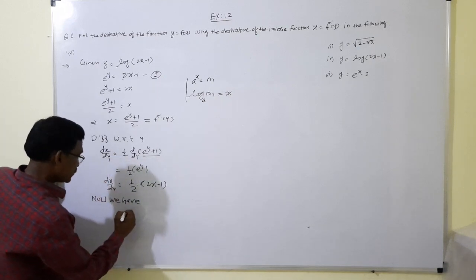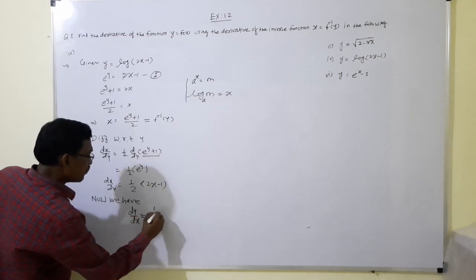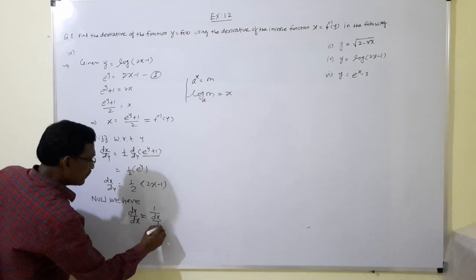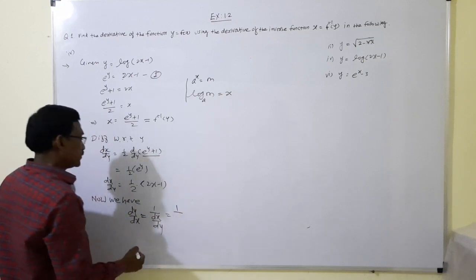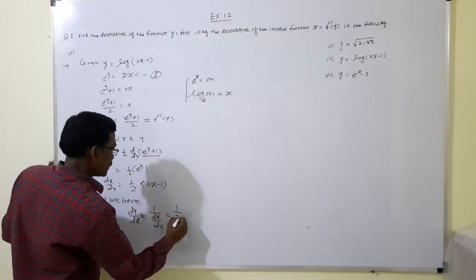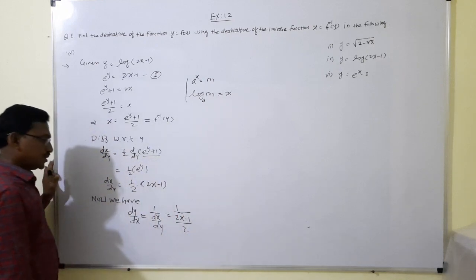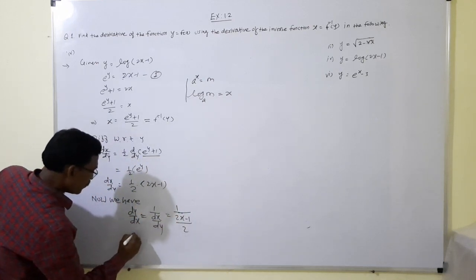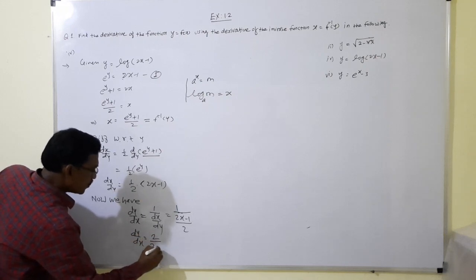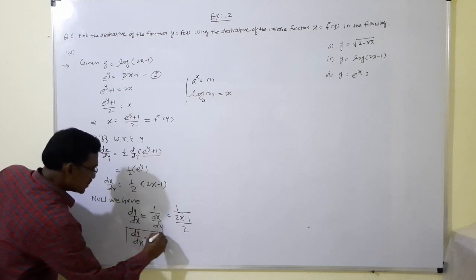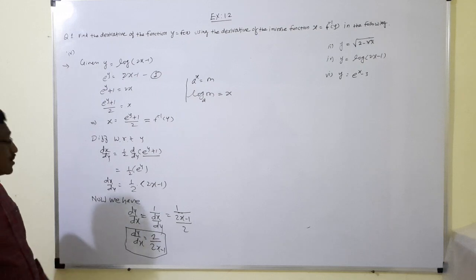Here it is an inverse function, that's why dy by dx is equal to 1 upon dx by dy, and dx by dy is (2x minus 1) by 2 here. Take its reciprocal, so therefore dy by dx is equal to 2 upon 2x minus 1, and this is the derivative of y with respect to x.